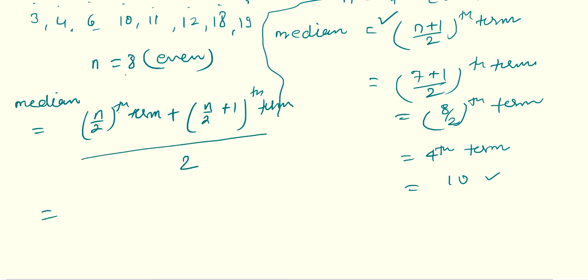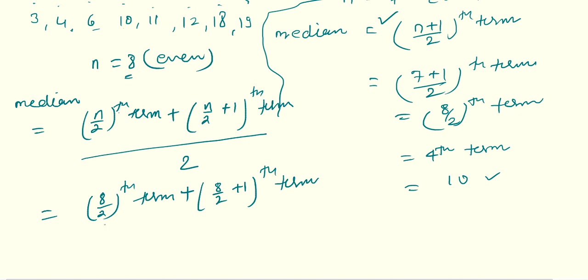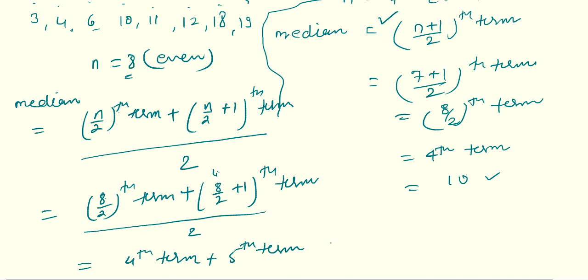Now value of n is 8 here, so 8 upon 2 term plus 8 by 2 plus 1 term, then whole upon 2. 8 by 2 means what? 4, so fourth term plus 4 plus 1 is 5, so fifth term.